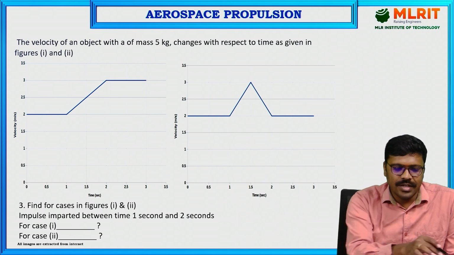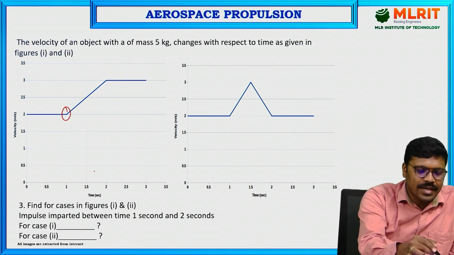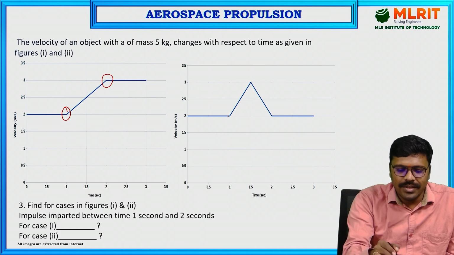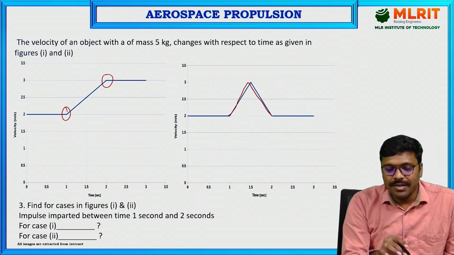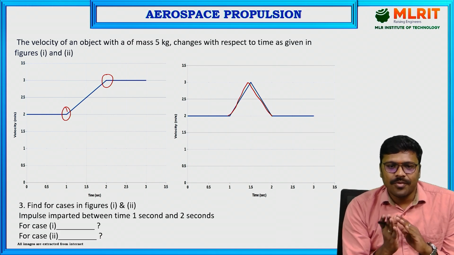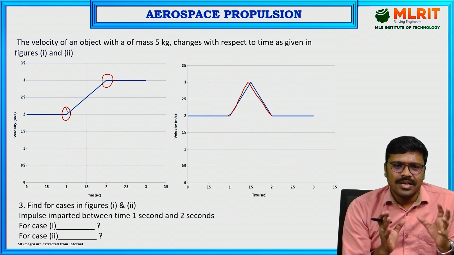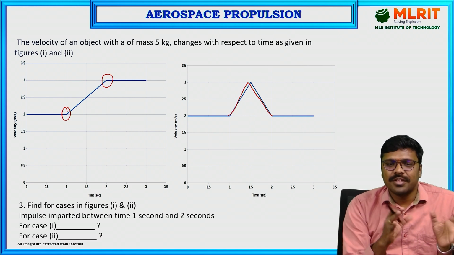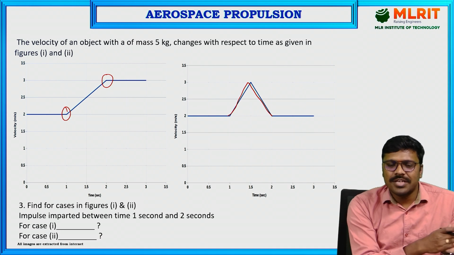So impulse in the second case is 0 and impulse in the first case is 5. We can easily observe that in the figure. In the first case the impulse is increased. But here, if you observe this graph, velocity is increased and decreased. But impulse only explains the property before and after. It doesn't consider what happens in between. It will just consider the property at the initial and final.